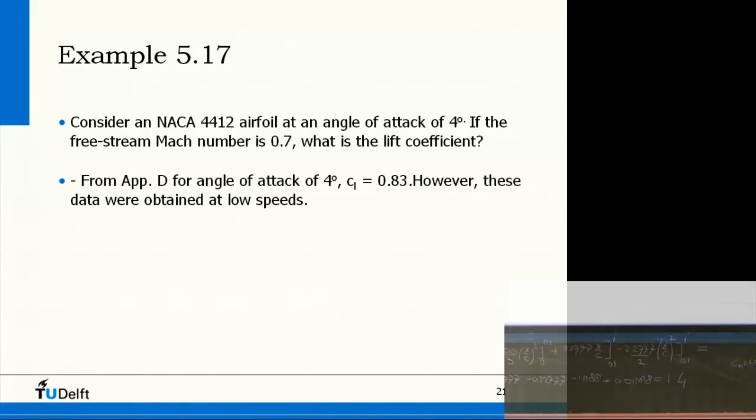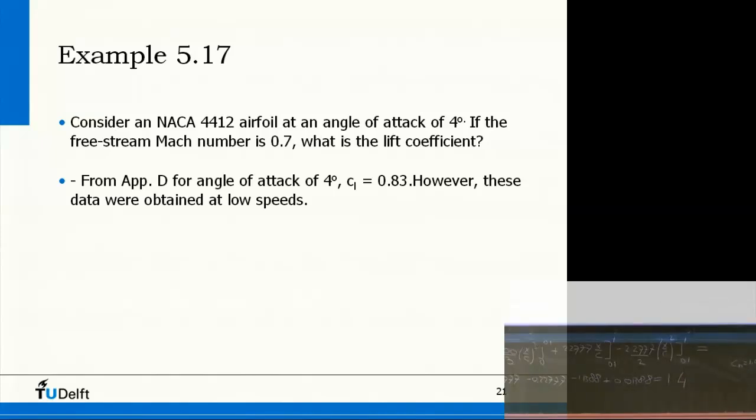Oh, shoot, example 5.17. So we'll do an example with this. So consider NACA 4412 airfoil at an angle of attack of 4 degrees. If the free stream Mach number is 0.7, what is the lift coefficient? Well, it's an easy one, a fast one.